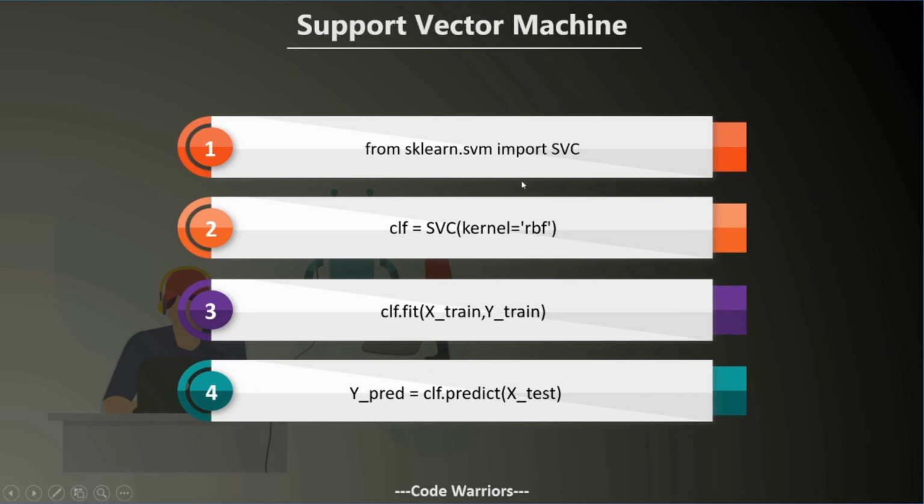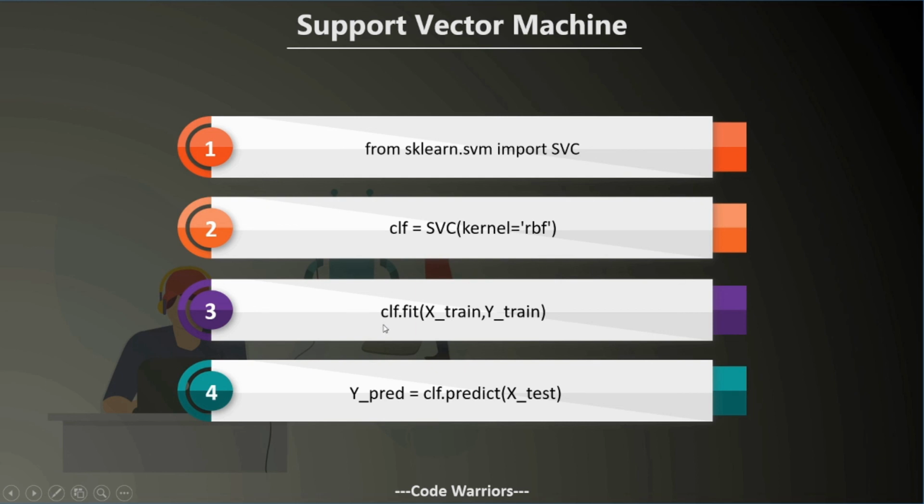In the code, from sklearn.svm we import SVC, the support vector classifier, and then create its object by using SVC parentheses, in which we need to pass a value for kernel, where the value depends on the data. For linear there is a kernel referred to as linear, and for non-linear, Gaussian, RBF and others, right?